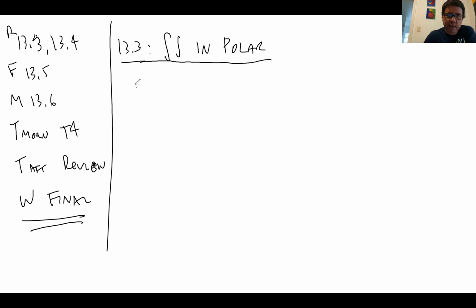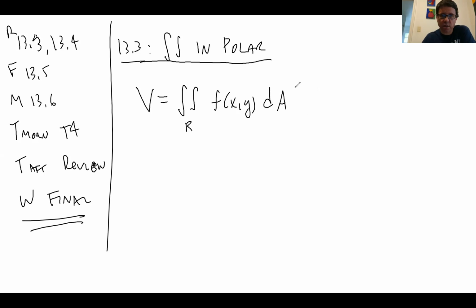Again, the idea is that the volume is always the double integral over the region of your function dA, is the way we write it. So volume is given by this mess of symbols here. In order to compute it, you have to draw the region and then figure out, is it bounded top and bottom or left and right?